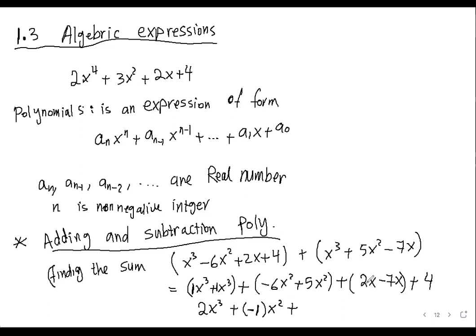Then 2x minus 7x means minus 5x. And here we have 4 only, plus 4. I can simplify this more. This is the answer I give to you: 2x to the power 3 minus x squared minus 5x plus 4.